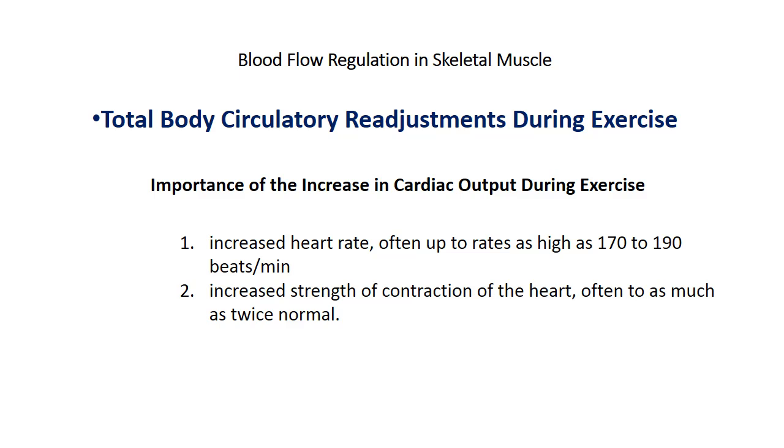The third important factor is cardiac output increasing during exercise. Heart rate will increase during exercise, often up to rates as high as 170 to 190 beats per minute, with increased strength of heart contraction, and often we can see it twice increased.